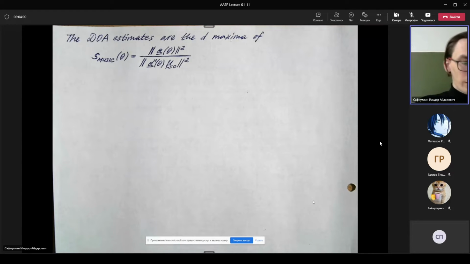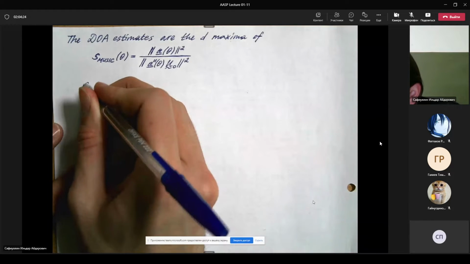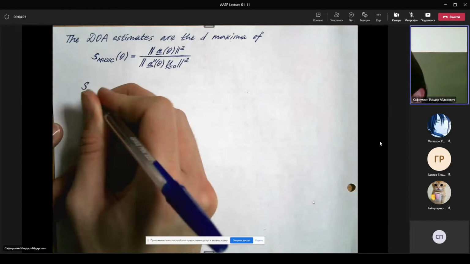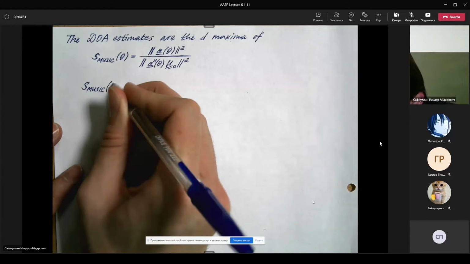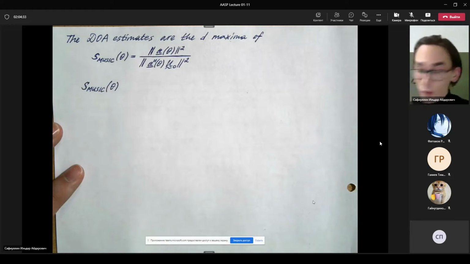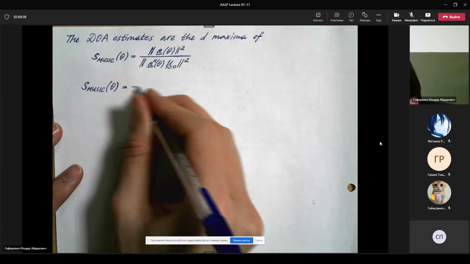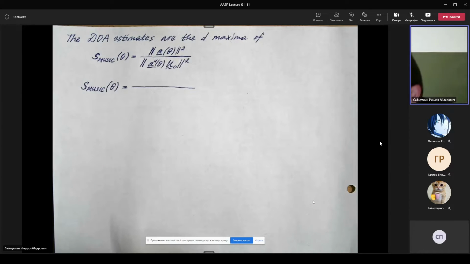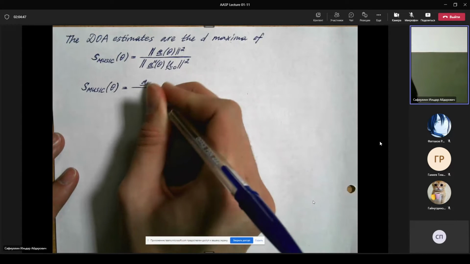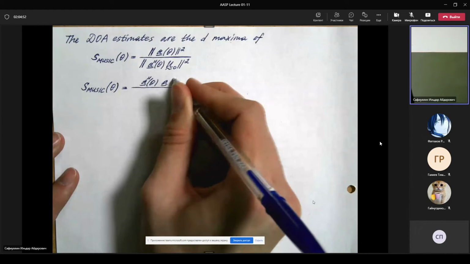Or also we can call it cost function. So the cost function for the MUSIC algorithm of theta is equal to: instead of the 2 norm squared of A of theta, we write A of theta Hermitian times A of theta.